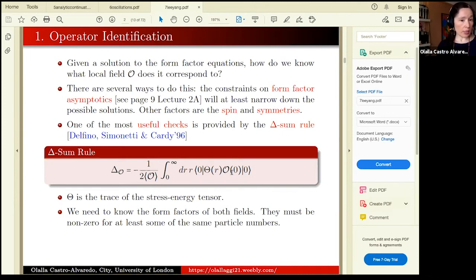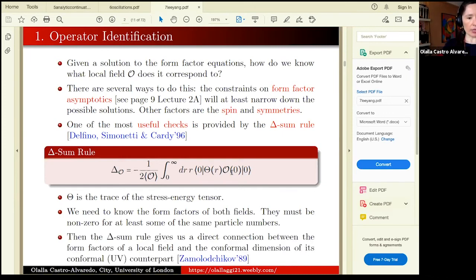But in many cases it is useful. It can tell you something. So this gives us a direct connection to the conformal field theory, which ties in with the fundamental ideas of Zamolodchikov that an integrable massive QFT is just a perturbation of conformal field theory.